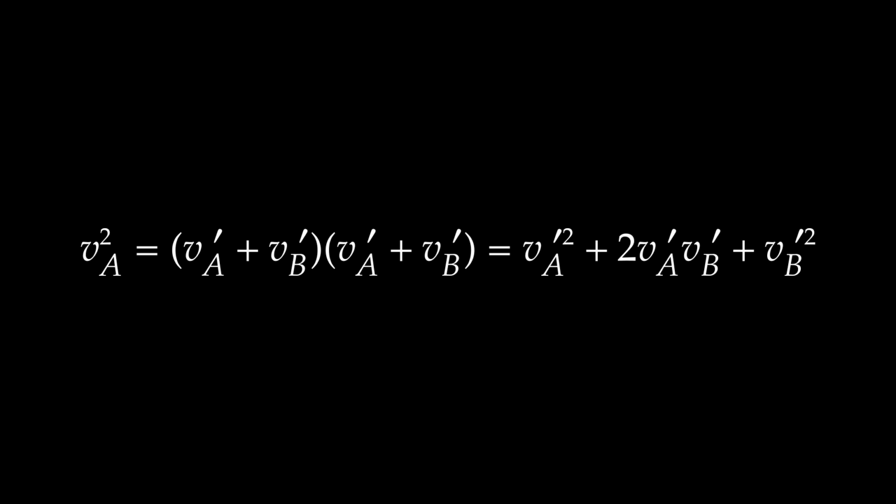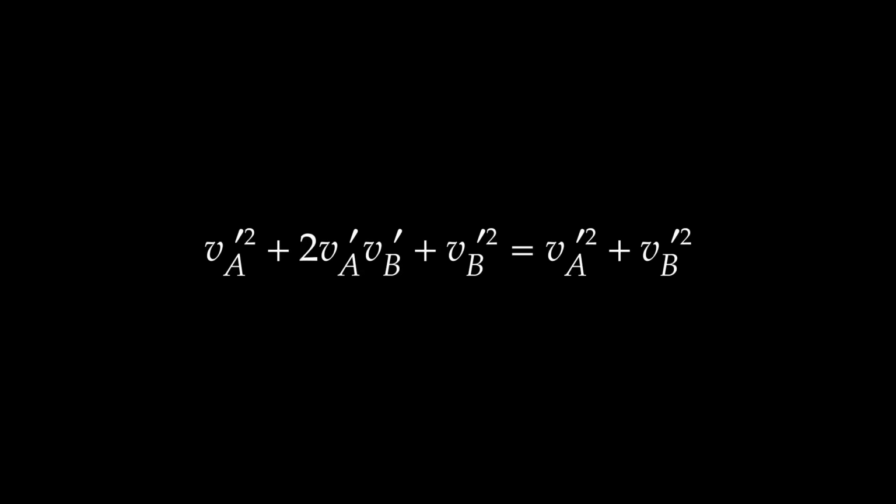According to me, that has to be equal to the right-hand side of my energy equation, that is VA prime squared plus VB prime squared. And we see that a rather lovely thing happens. I have a VA prime squared on the right-hand side, and I have one on the left-hand side as well. And so I can subtract VA prime squared from both sides of the equation.